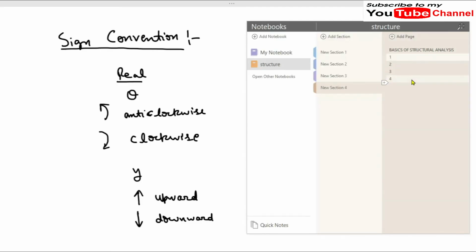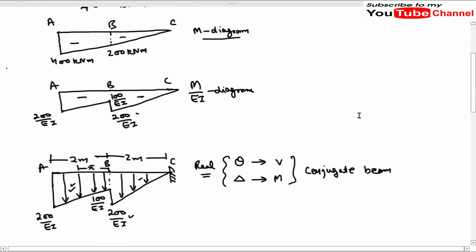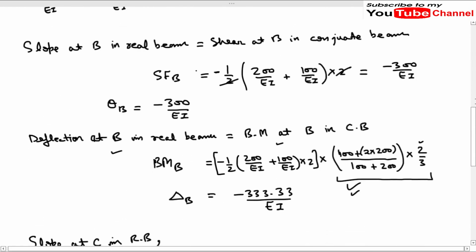Now let us see what we have got in our problem. So this is the shear force. We have got a negative shear force, which means that the slope is clockwise.